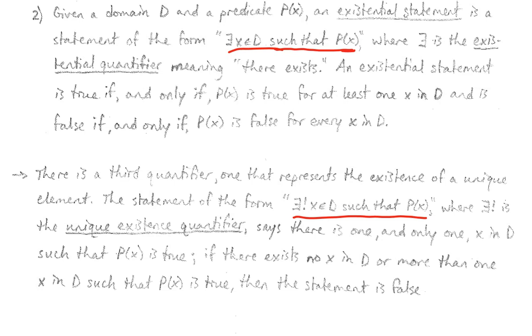Therefore, a unique existential statement is true if and only if there is exactly one x value in D that makes P of x true. If there exist no x values in D that make P of x true, or if there exists more than one x value in D that make P of x true, then your unique existential statement is false.